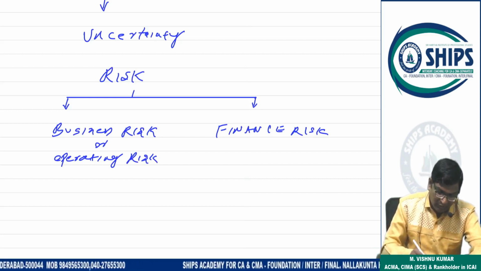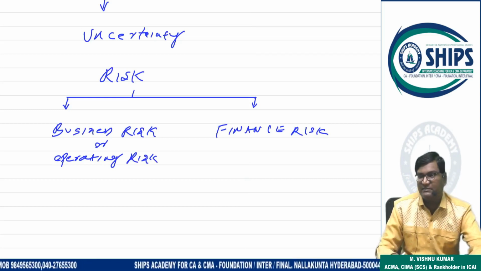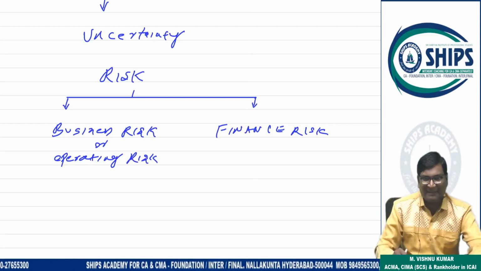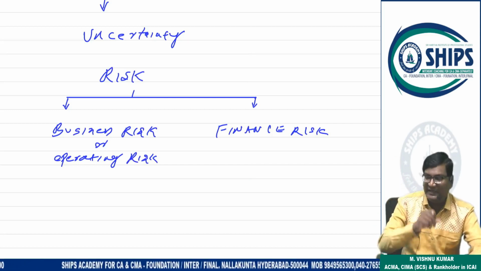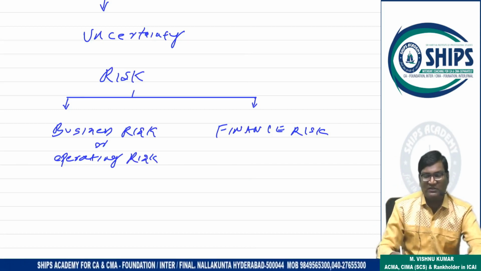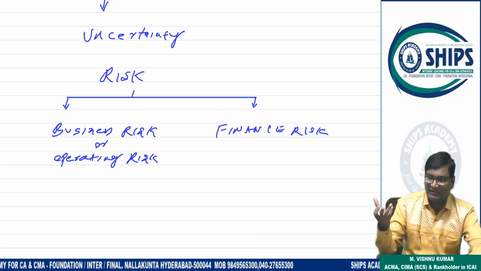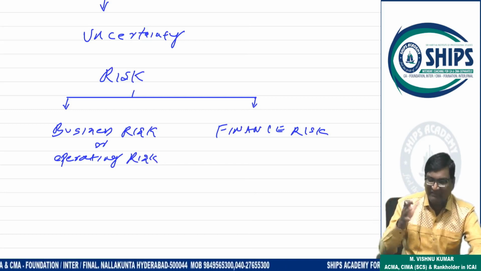So business risk or operating risk means this risk is related to the business. This is not relating to your capital structure, because in your capital structure, if debenture is there or debenture is not there, this risk will not be affected by that.